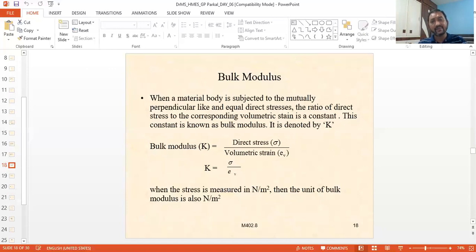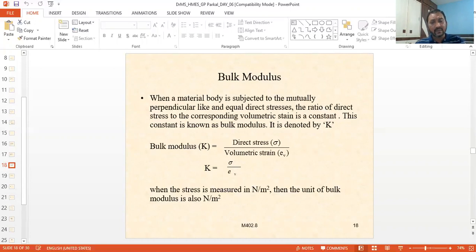For example, if it has a rectangular cross section and the force is acting along the length, it will produce direct stress along the length direction.